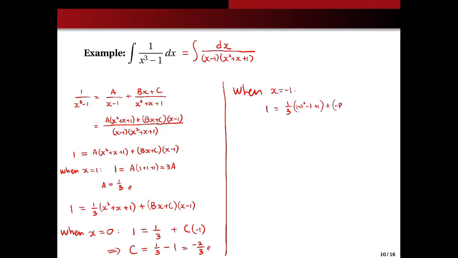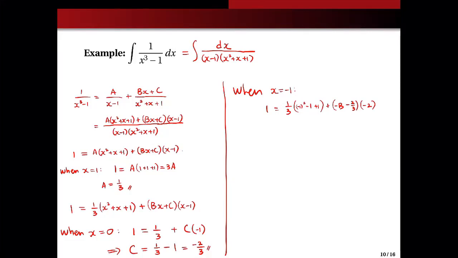So that's minus b. And then plus c, but c is minus 2/3, so minus 2/3 here, times x minus 1. That will be minus 1 minus 1, so that's times minus 2.